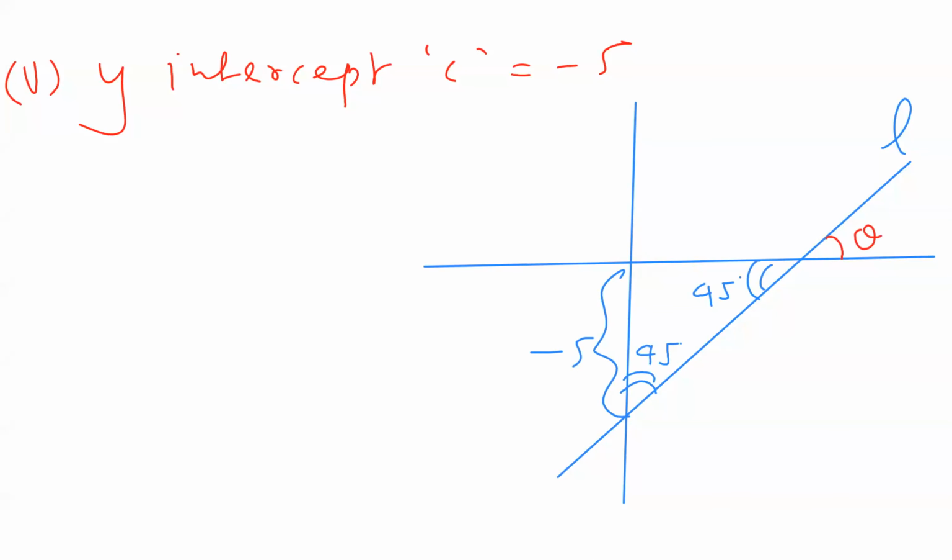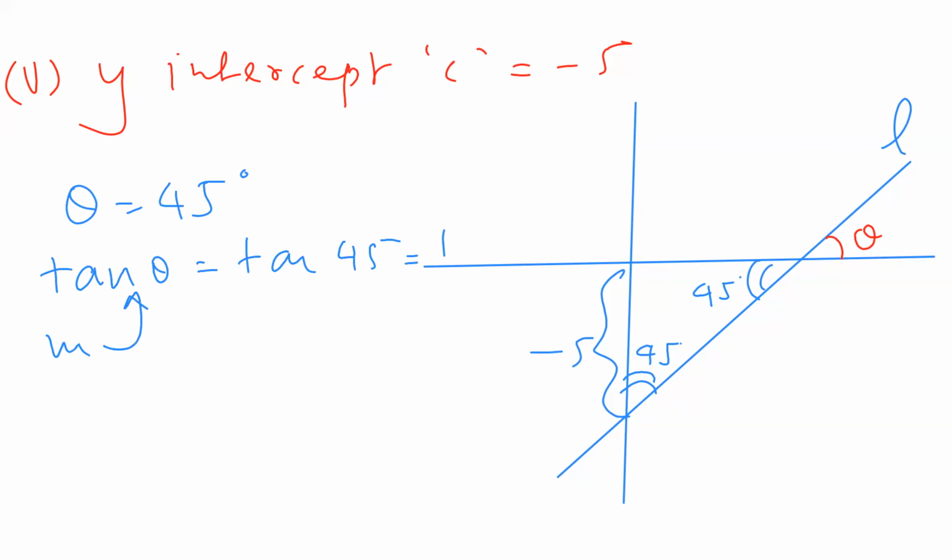Line L is making an angle of theta with the positive direction of the x-axis. So vertically opposite angles we can consider. So theta is equal to 45 degrees, right? So tan theta is equal to tan 45, which is equal to 1, and m is nothing but tan theta in this case. So m is equal to 1. So the first possibility is this particular diagram where I got the value of m as 1, and the y-intercept c is minus 5.